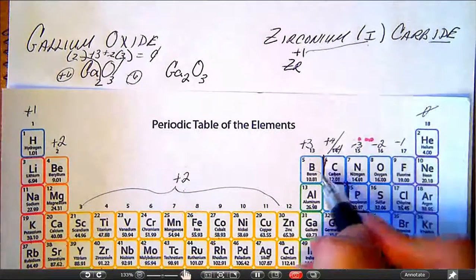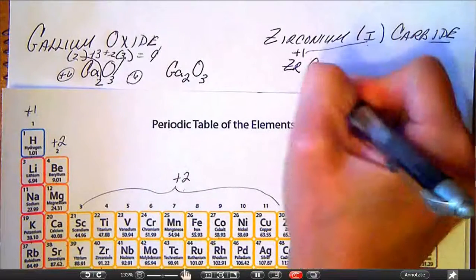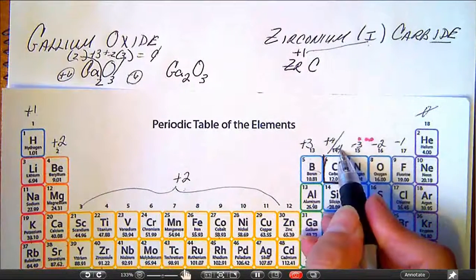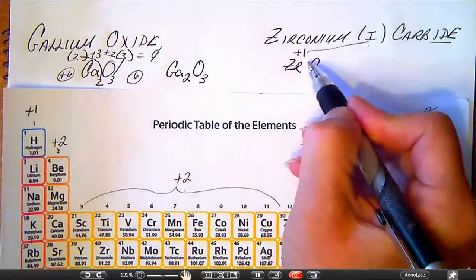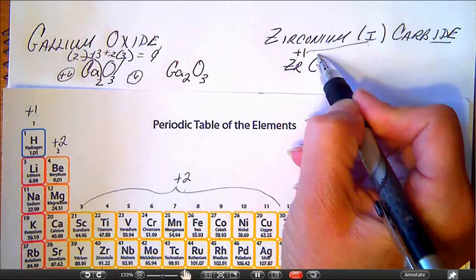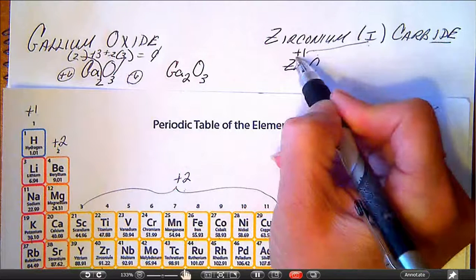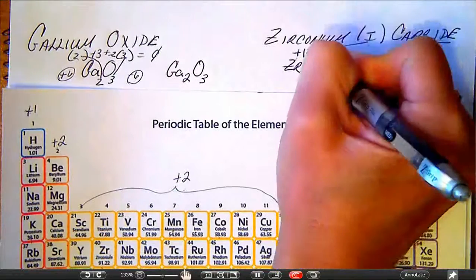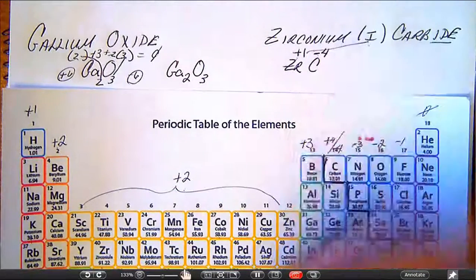Carbide, which is carbon. Now, carbon's in the +4, -4 section. But we've got an ionic compound. Metals in the front, non-metals in the back. Plus here, so this has to be -4.